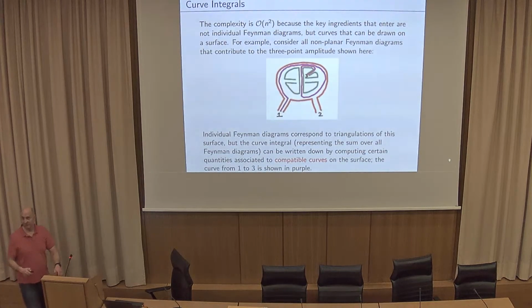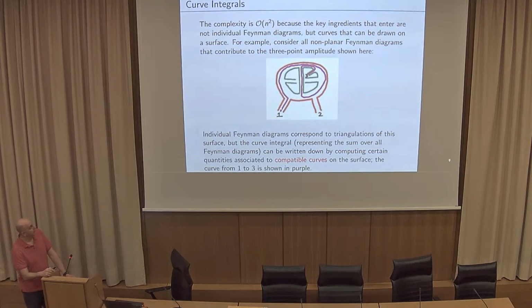And here's how it works, in a nutshell. Let's say you wanted to calculate a 3-particle scattering amplitude at order 1 over n. That means non-planar, but first genus beyond planar. You draw this red surface.